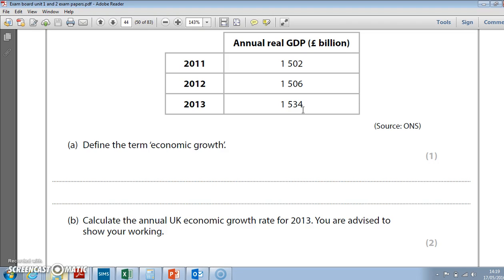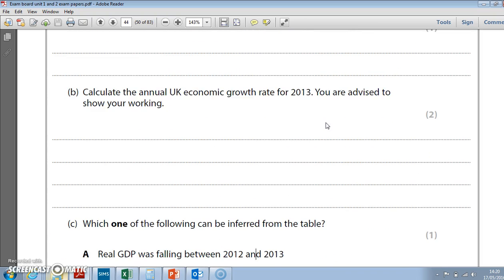Therefore, we would use the equation new minus old over old times 100. So new is 1534 billion minus old 1506 billion, and then over 1506 billion. I believe the answer should work out at around 2%. They will give you the mark for 2% or 1.8 or 1.9 as well.